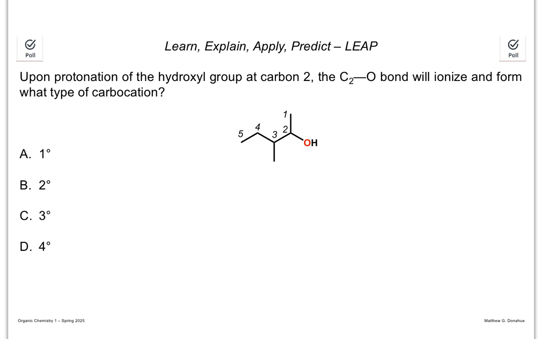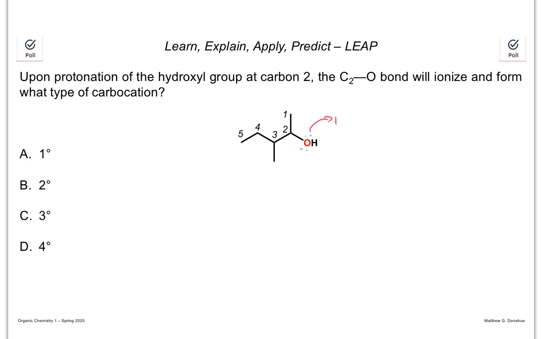So this next run of slides just sort of reviews those individual steps. Upon protonation of the hydroxyl group at C2, the C2 carbon oxygen bond will ionize to form what type of carbocation?